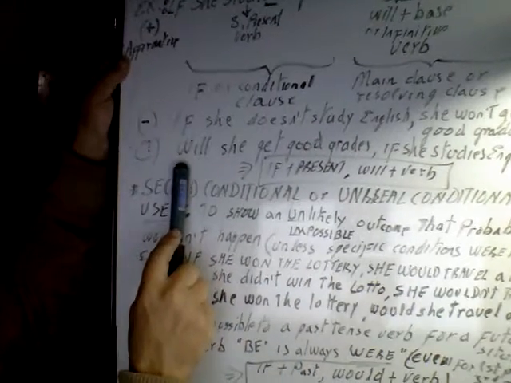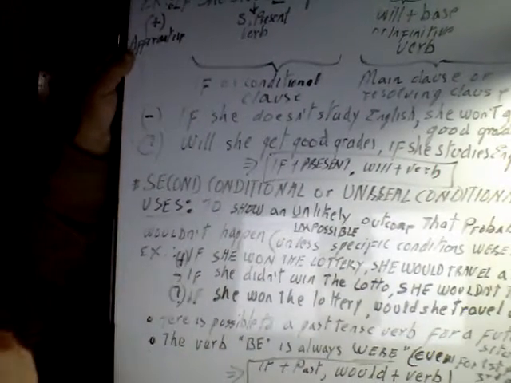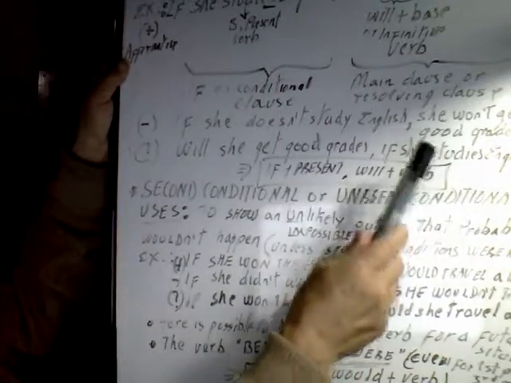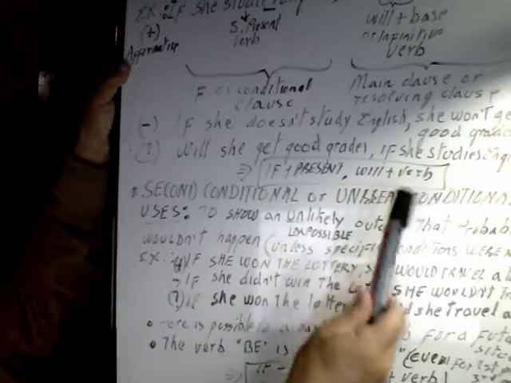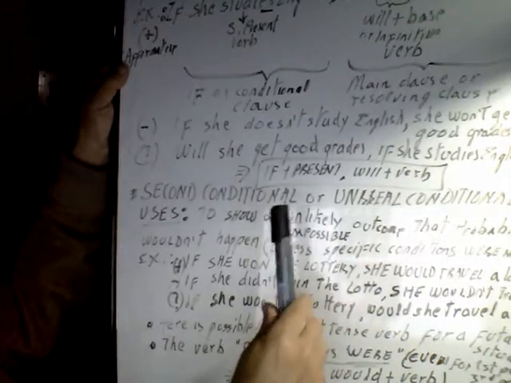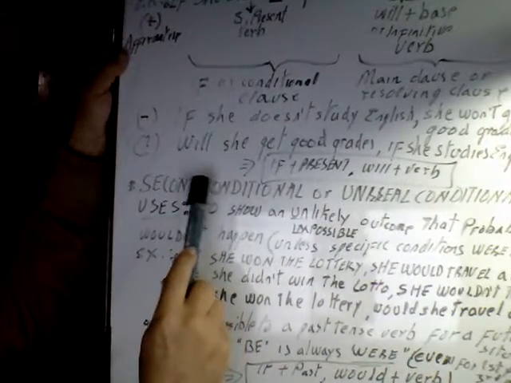Here we can also write a question form. We are going to start with the second clause, although you can start with the first clause as well. Here I wanted to start with the clause that resolves the condition.